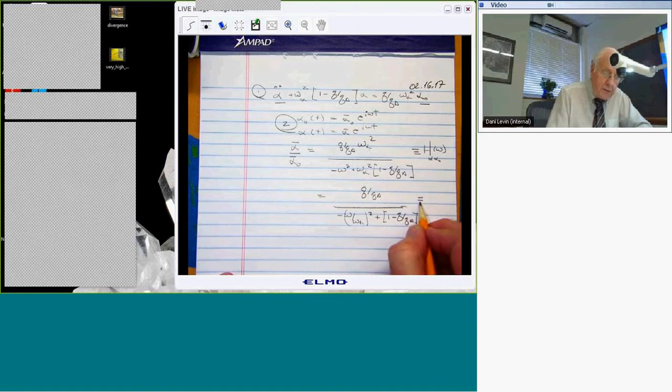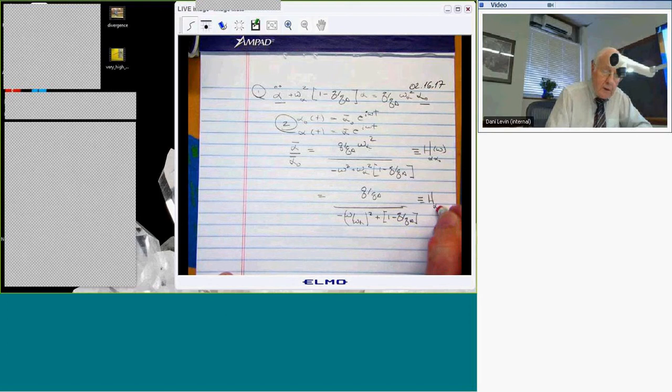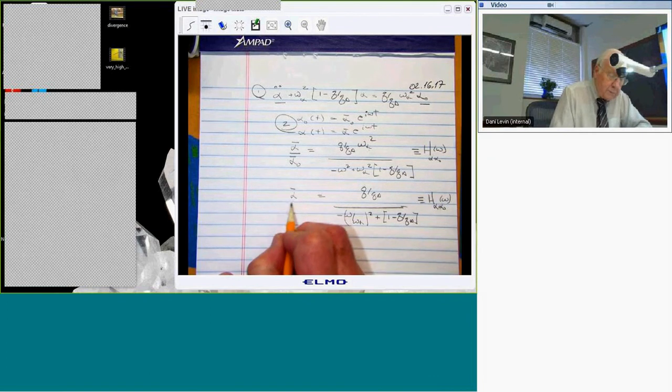And this is just an alternative way of expressing the transfer function. Okay? So let's call this equation 3.